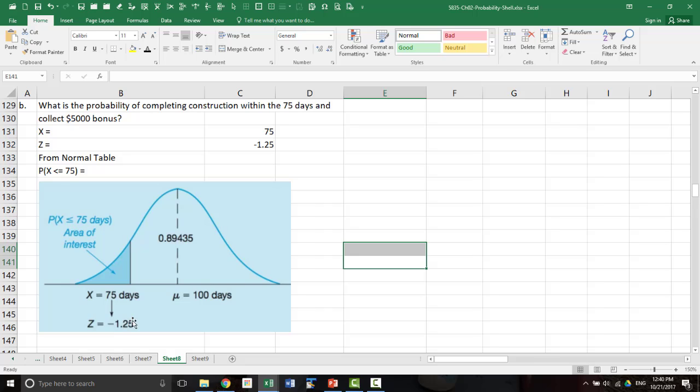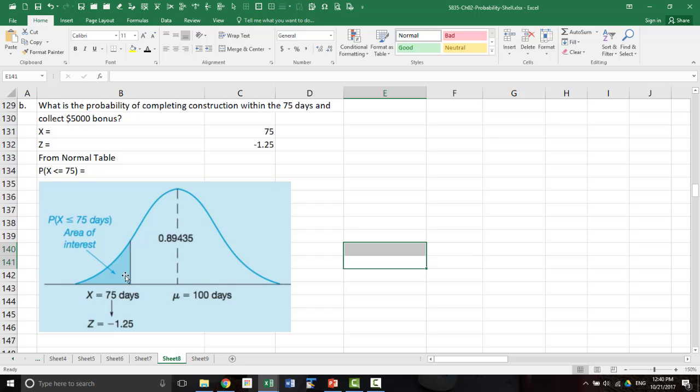Well, here we need to use the symmetry property. Since the normal distribution is symmetric, whatever probability you see on the left side, the corresponding area on the right side will be exactly the same.